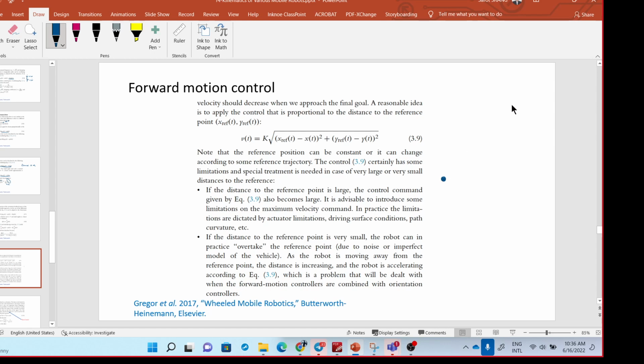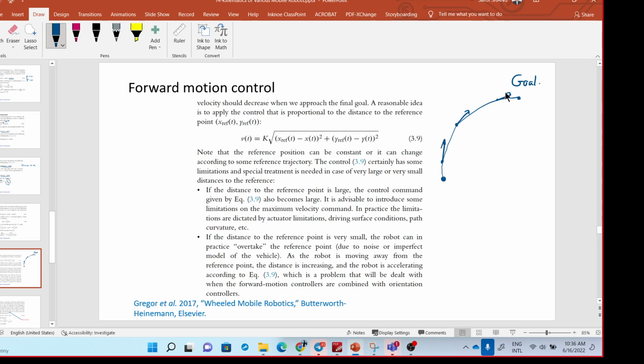We have a start point here and we have a goal here. Linear velocity means the velocity on the trajectory. At this point linear velocity is supposed to be this, at this point it is supposed to be this, and at this point this.